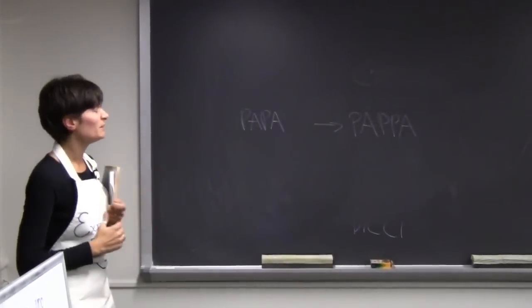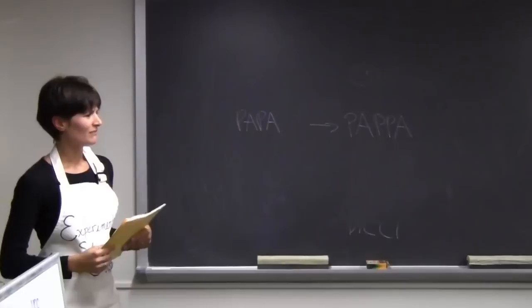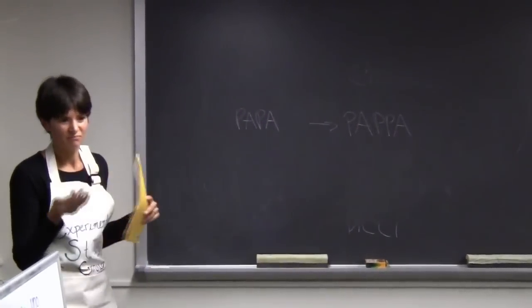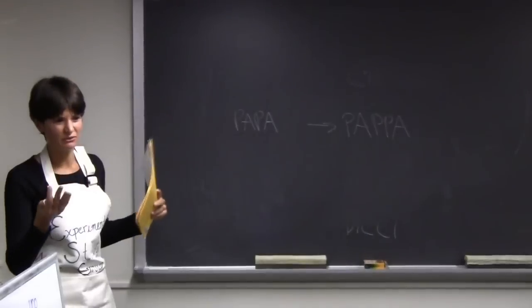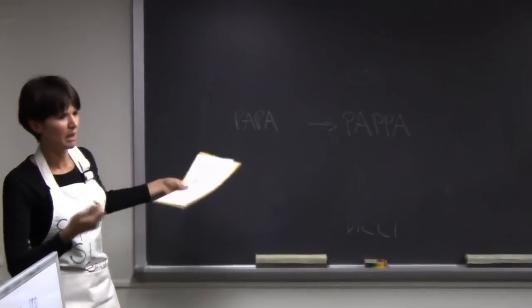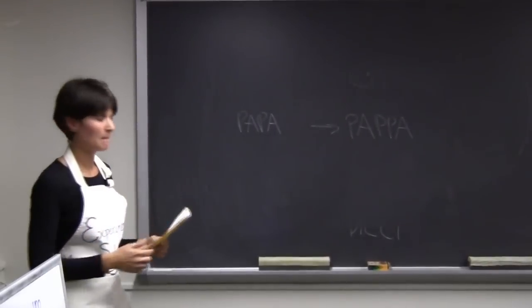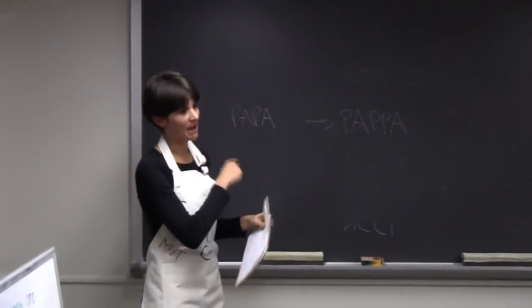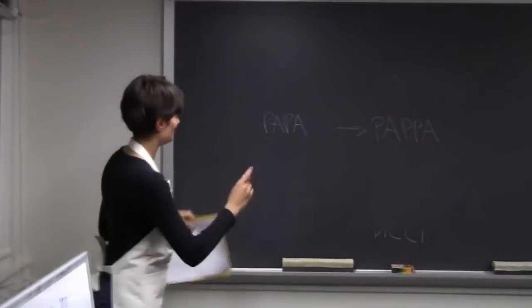Or sometimes you want to use it if something looks like baby food, like pureed food, and it doesn't look very tasty, then you say, oh, what's this pappa? So between papa and pappa, there is a big difference.